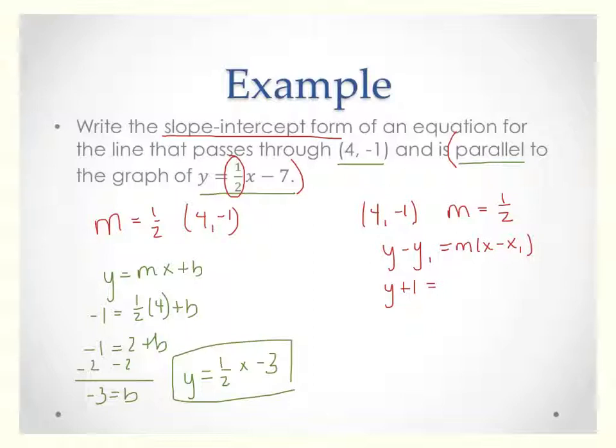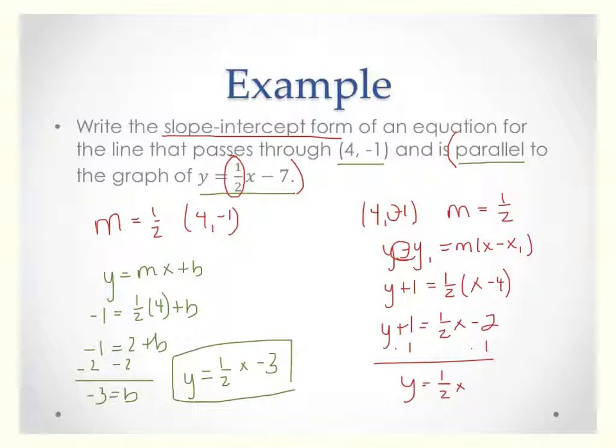Y plus 1, because it's minus a -1, right? Y plus 1 equals 1/2 times x minus 4, and then you're going to distribute the 1/2, which is going to be 1/2 x minus 2, and then we're going to subtract the 1. Now, like I said, you don't have to do it both ways, but you might pick the way that makes more sense to you.